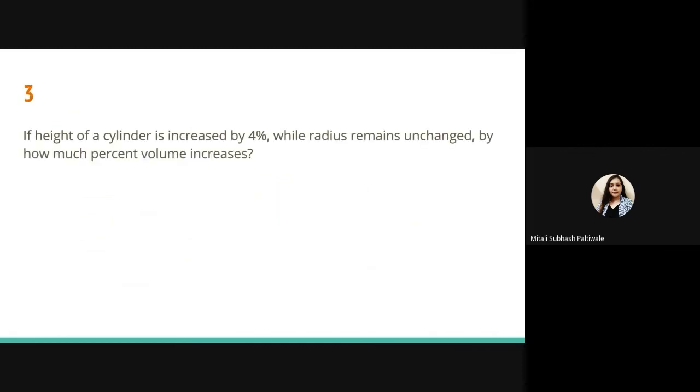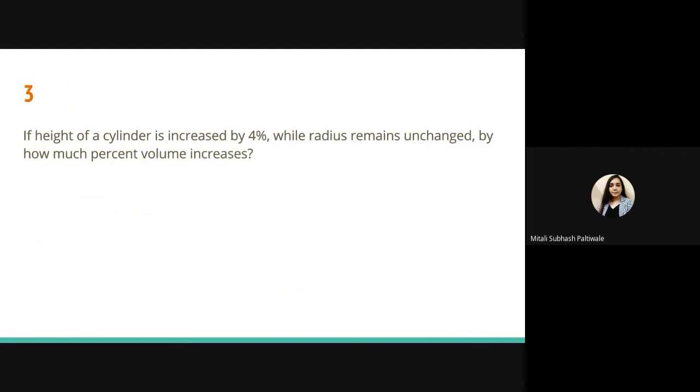Okay, now next is this one. If the height of a cylinder is increased by 4% and the radius remains unchanged, then by how much percent will the volume increase?